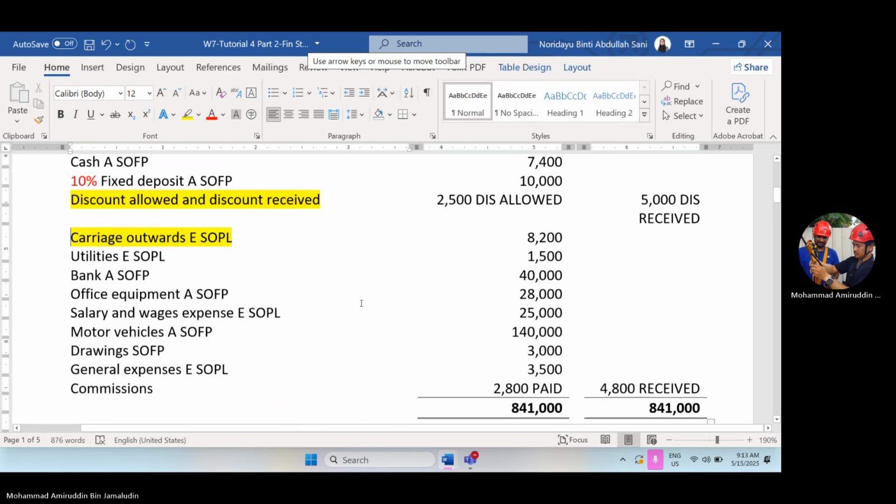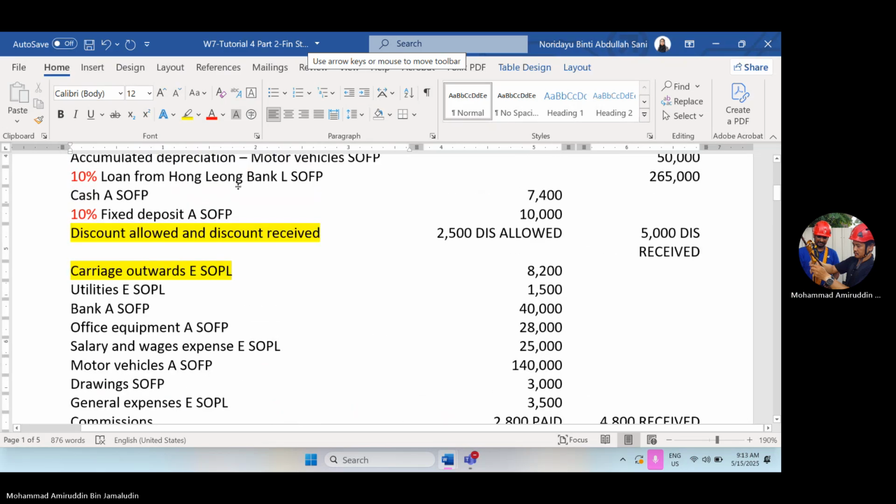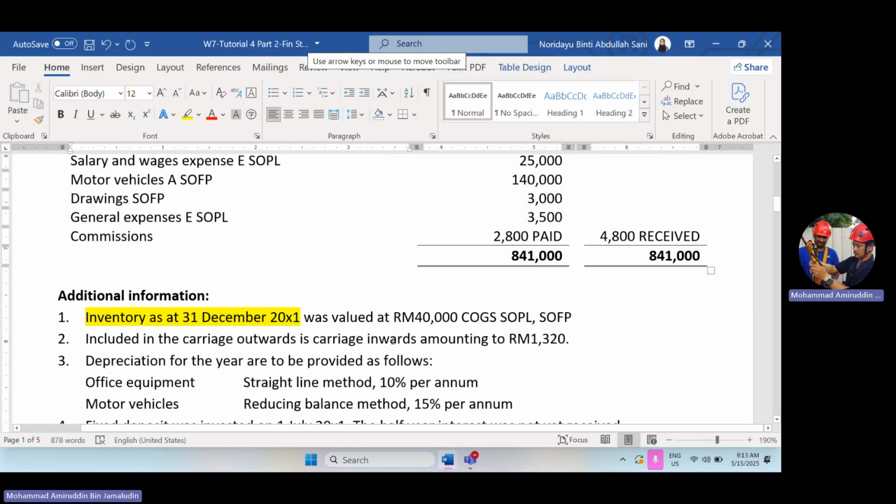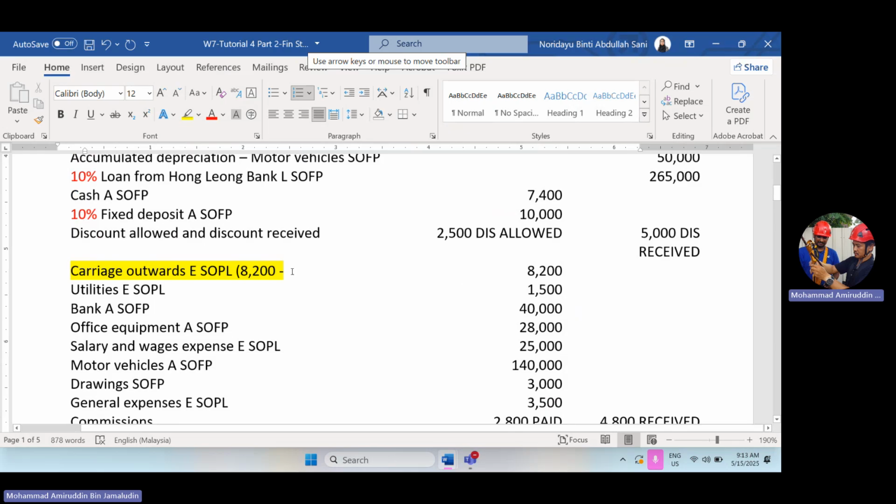Out of this 8,200, 1320 belongs to carriage inwards.